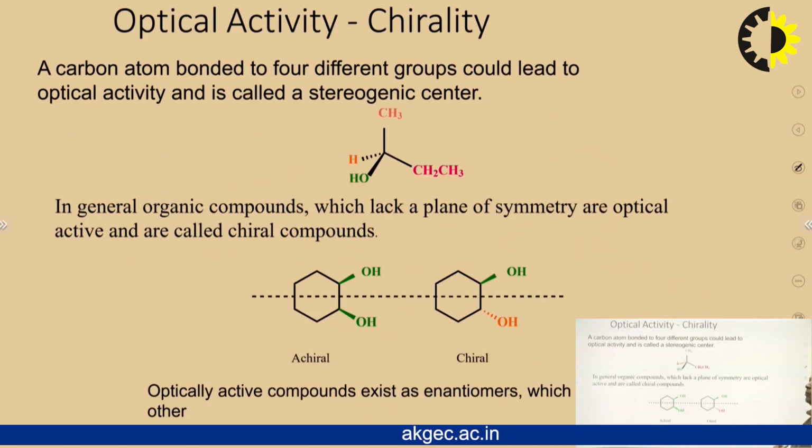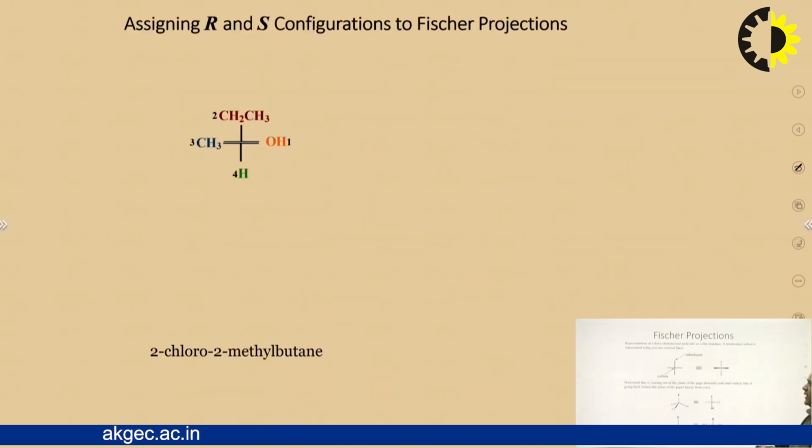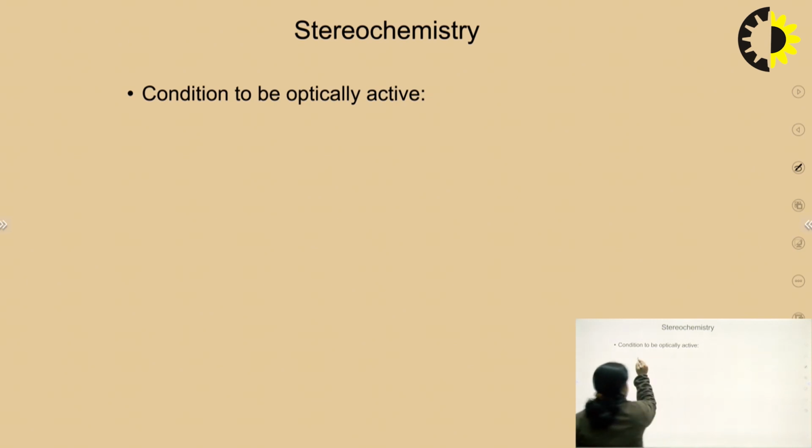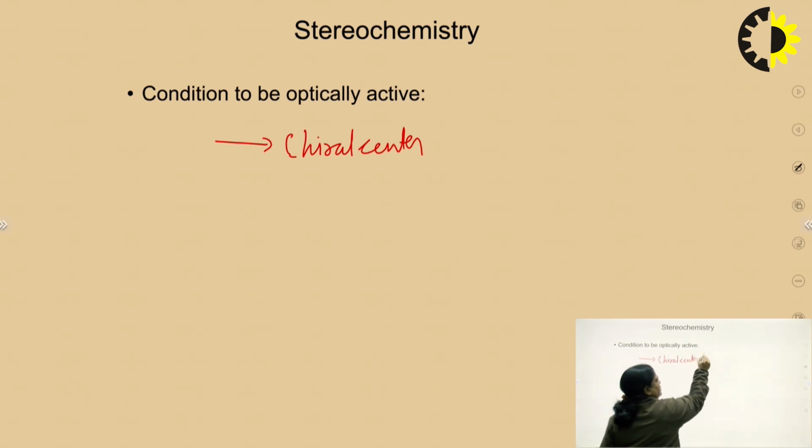Now next is optical activity. What is the condition to be optically active? The first is there must be a stereogenic center or chiral center. Chiral center means sp3 hybridization and 4 different groups.